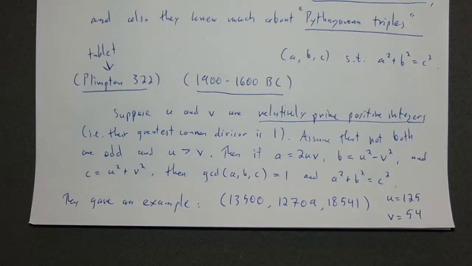Again, what is amazing here is that this was done by the Babylonians without proof, so they knew this empirically from a bunch of examples, and so you could make a philosophical argument that it is clear that they understood this principle, even if they didn't provide a proof for it.